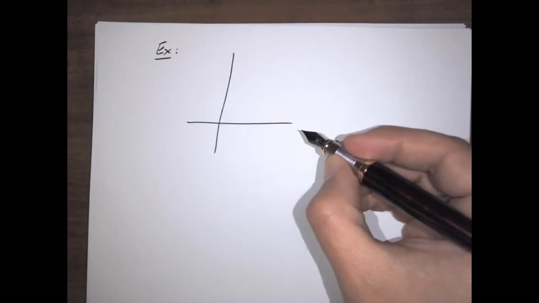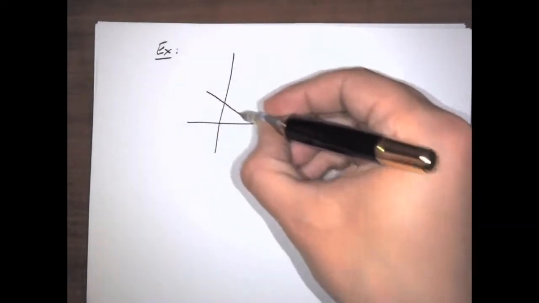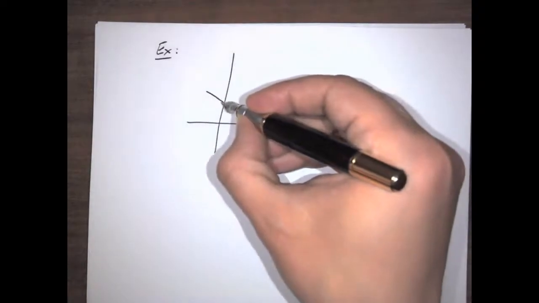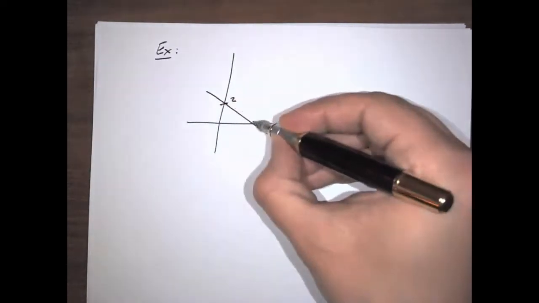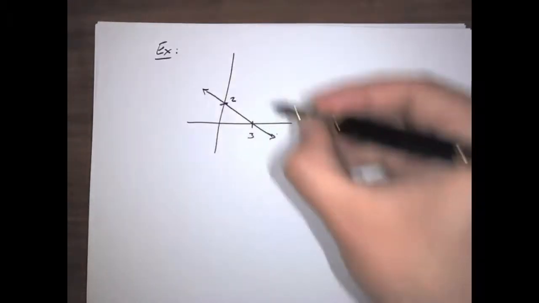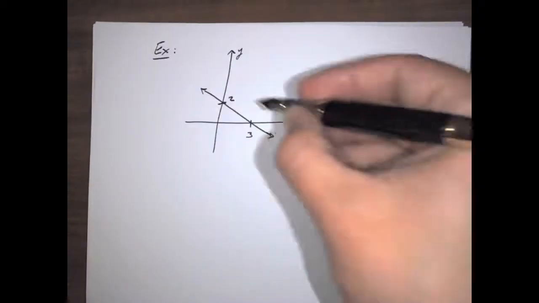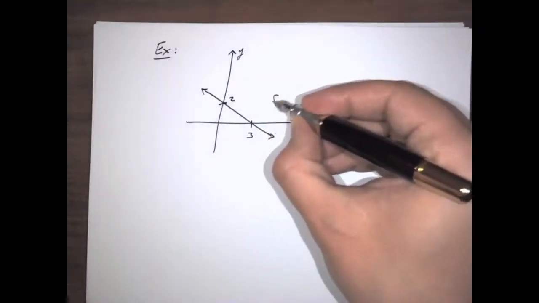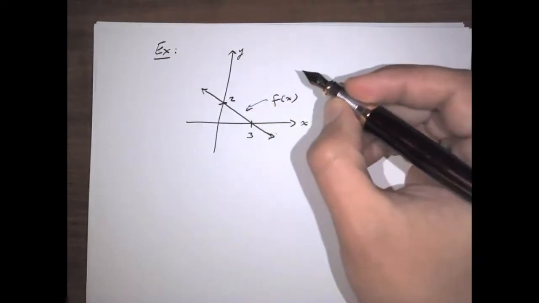Let's say that the function that we're talking about is going to have a shape of just a straight line, and this is going to be 2, this is going to be 3, and we'll say this is the y-axis, this is the x-axis. Now let's say that this is f of x, right there.